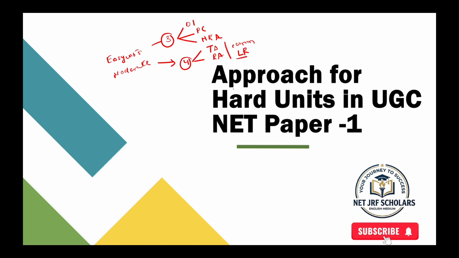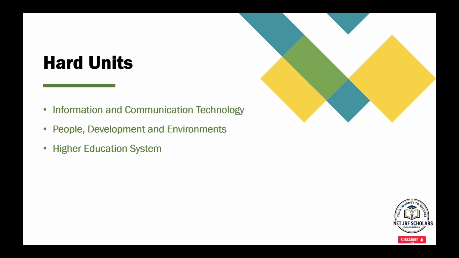In this video, we are going to look at the remaining chapters, which are odd. This category includes 3 units: ICT, Information and Communication Technology, People, Development and Environment, and Higher Education System. Why are these chapters odd?